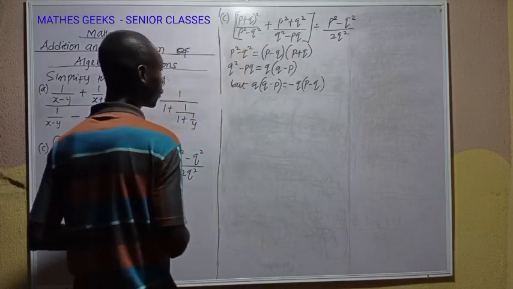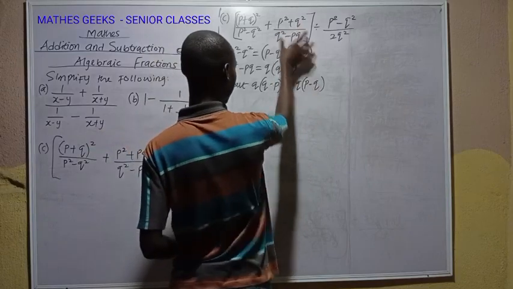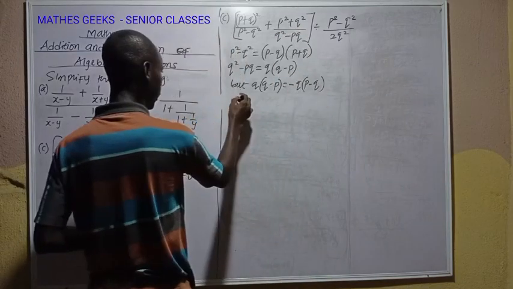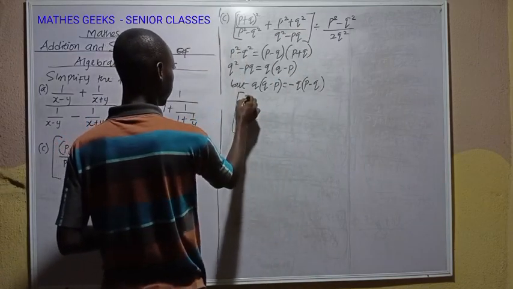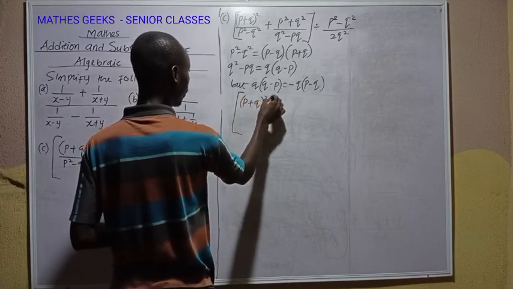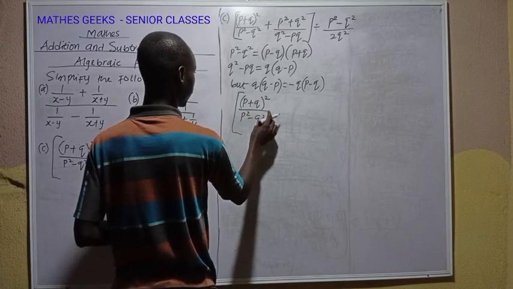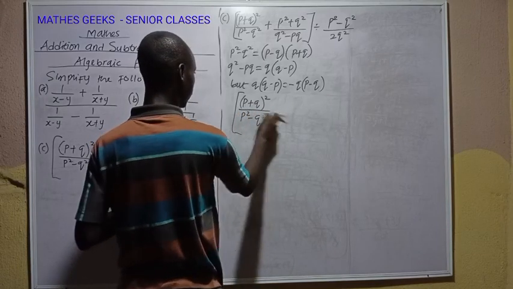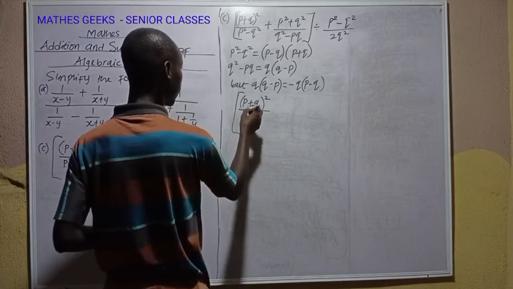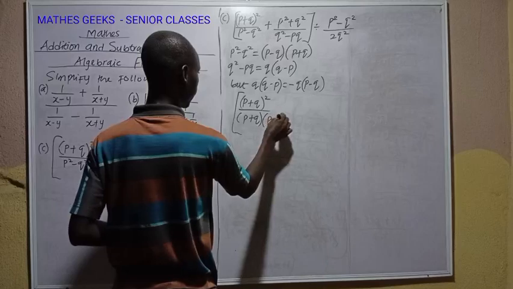In place of this, we're going to put this. So let's write our bracket, which is p plus q. Remember, we're working with the bracket first. p squared minus q squared, oh sorry, this becomes p plus q, p minus q.